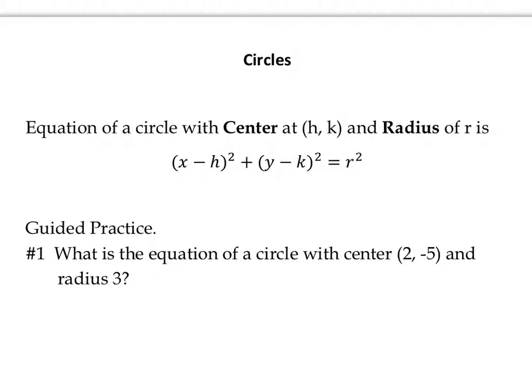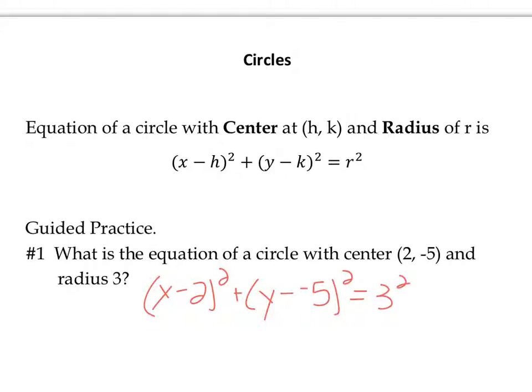The first situation presented here says, what's the equation of a circle with center at 2, negative 5 and radius 3? So all we're going to do is take the 2, negative 5, the h and the k, plugging them in for h and k, and take the radius 3, plugging it in for the radius. We could write this out relatively straightforwardly. It's going to be x minus 2 squared plus y minus negative 5 squared equals 3 squared.